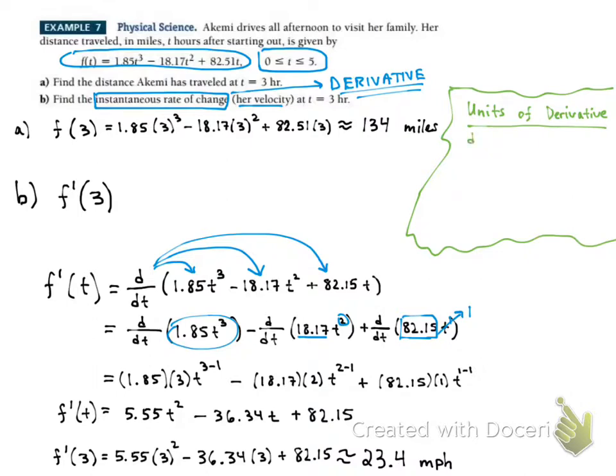Well, our Leibniz notation helps us, because our Leibniz notation was dy over dx. If you think about it, the numerator is going to have the units of y, and the denominator is going to have the units of x. So in this case, our units are miles over hours, or miles per hour.